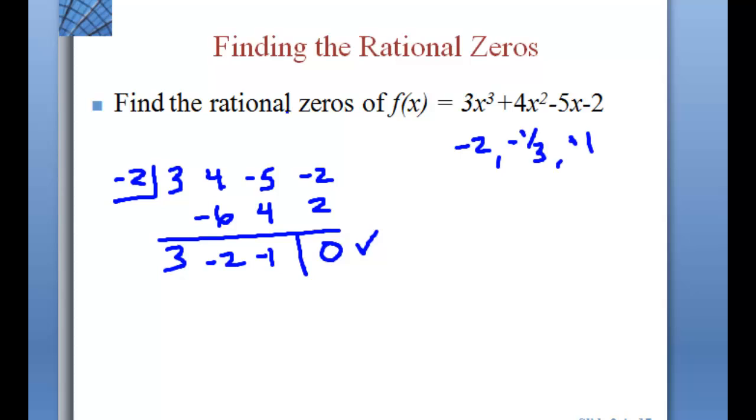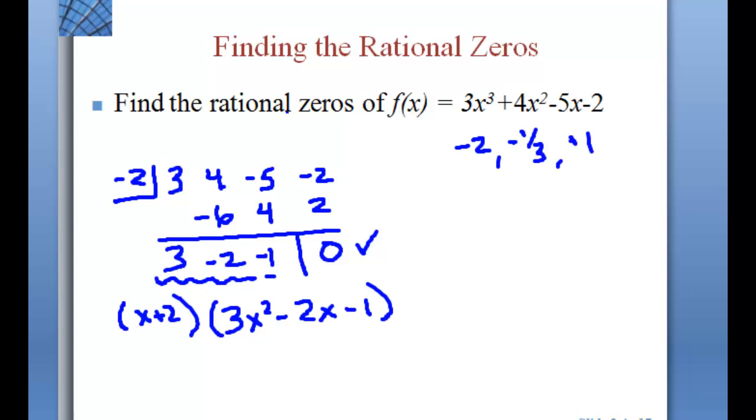That tells me that is a 0. So one of my factors is going to be x plus 2. And then the remainder here is going to be 3x squared minus 2x minus 1.